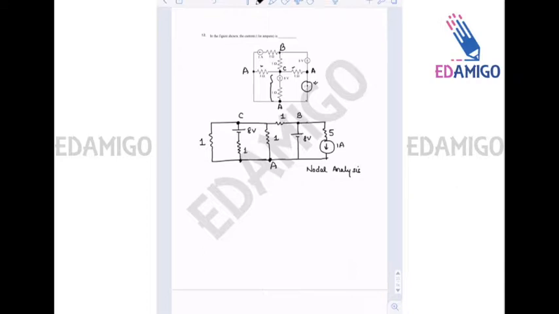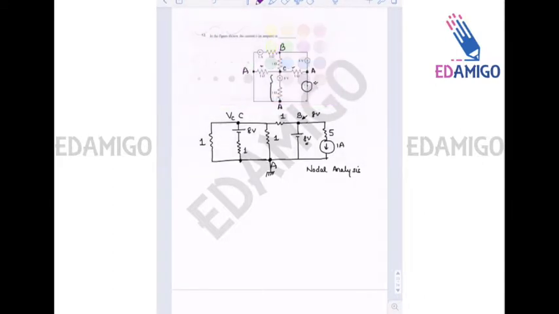Generally we solve such questions using nodal analysis, and first of all in nodal analysis we assume that the node which has the maximum number of branches connected to it has zero voltage or zero potential, or it is grounded. Okay, so voltage at node A is grounded, we are assuming that. So simply voltage at node B will be 8 volt because there is an 8-volt battery connected here. Now let us assume that voltage at node C is VC.